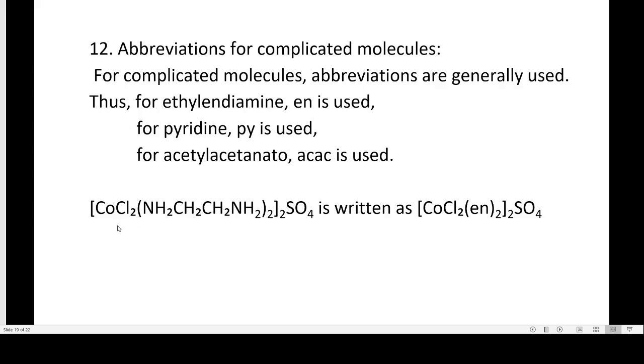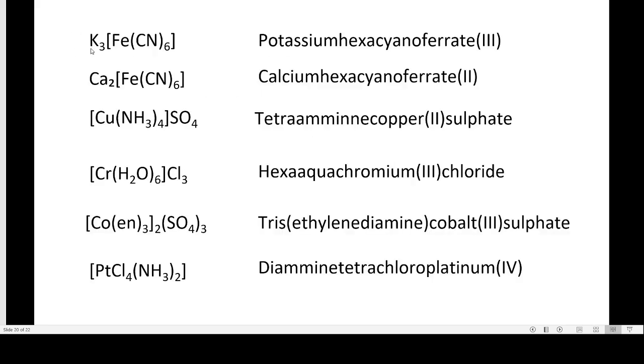So in this example, for ethylene diamine, instead of writing this, simply it can be written as EN twice. These are the rules to be followed to give the name for the complex compounds, which are recommended by IUPAC. Now, let us name some complexes following the rules.